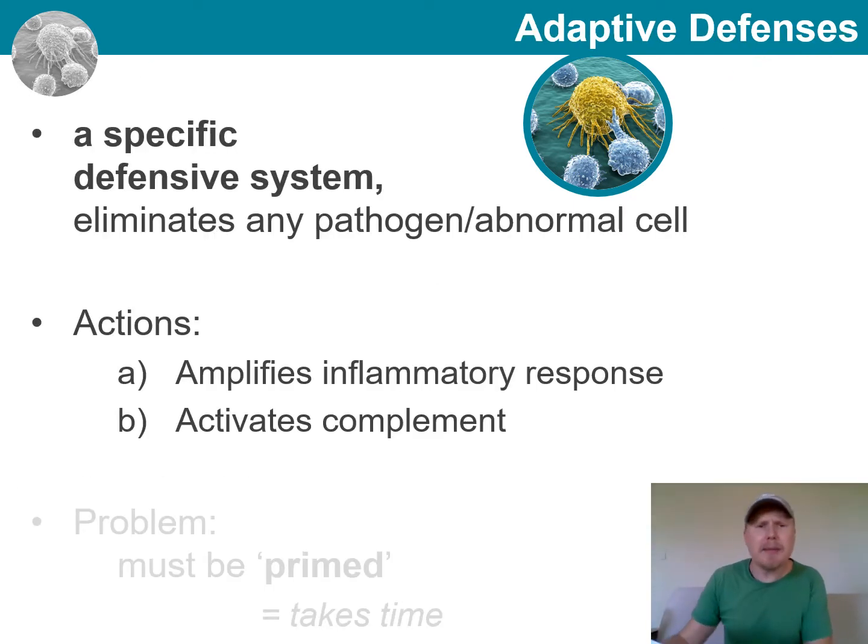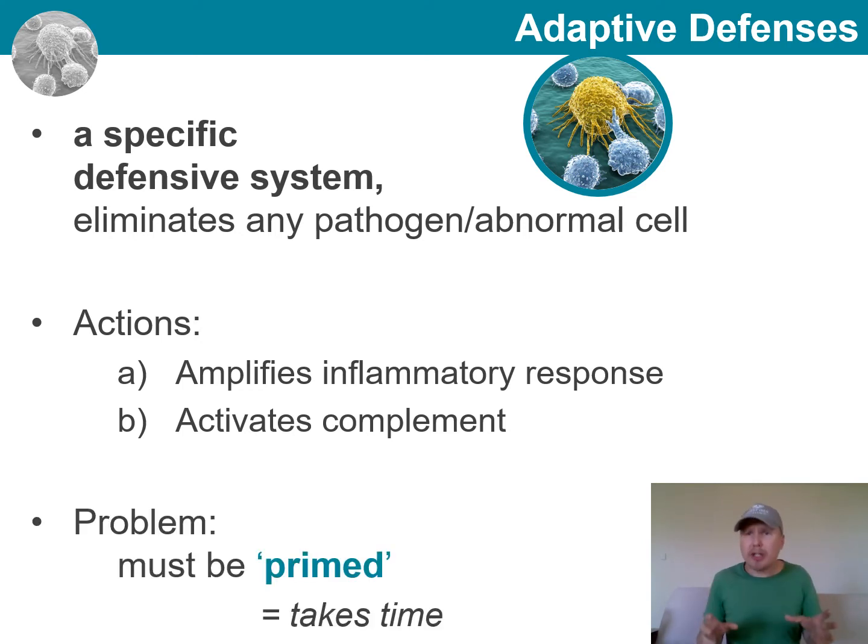As we have seen already, the adaptive immune system branch is a very specific defense system, which can eliminate almost any pathogen or abnormal cell in the body. It does this by amplifying the immune response and activating the complement.